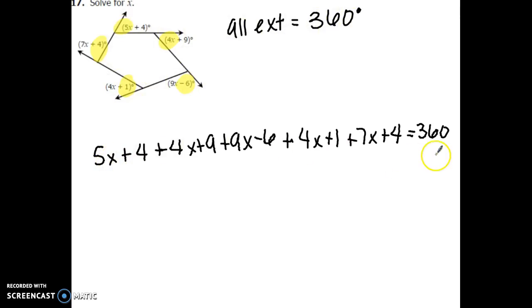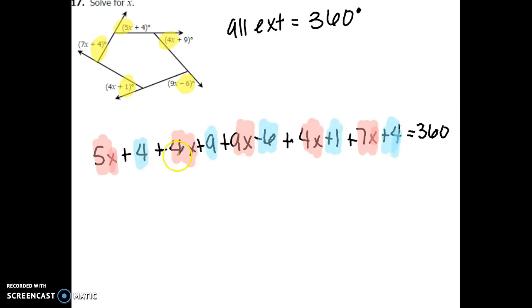That is why when I set up my equation, I put all of these angles added up equal to 360 degrees. Again, just like our last problem, we are going to combine all our x's, all our like terms. All my x's and then all my whole numbers, anything that matches, should be added up together.